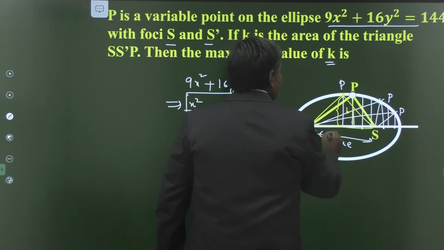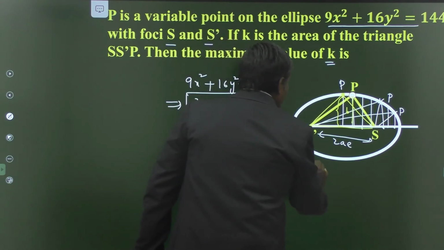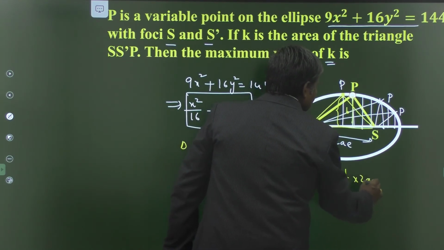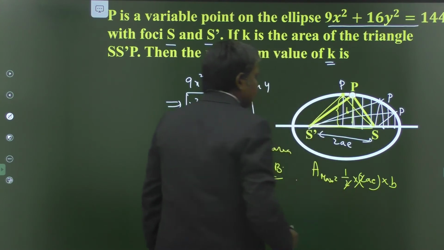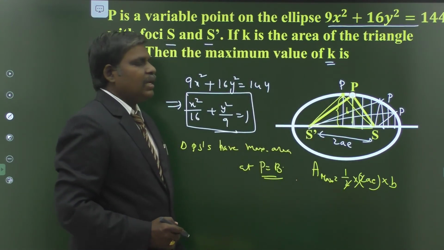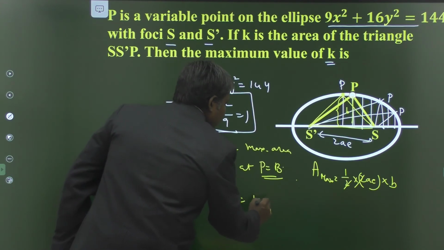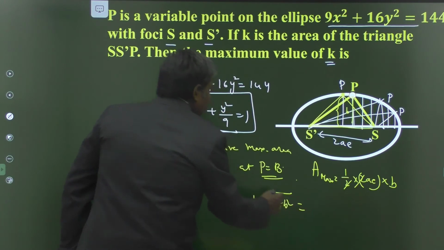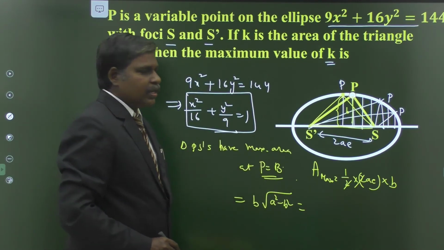B units, and the base is 2ae. So the maximum area is equal to what, my dears? Area maximum is equal to half into base 2ae into height b. So 2 gets cancelled. Your answer is aeb, that means b times ae. ae means root of a square minus b square. So just substitute the values of a and b here, you get the required answer.